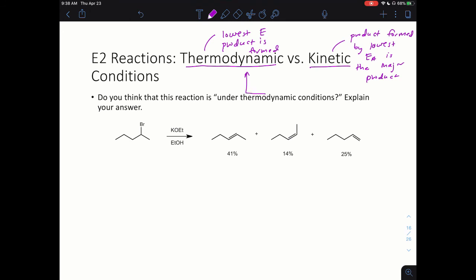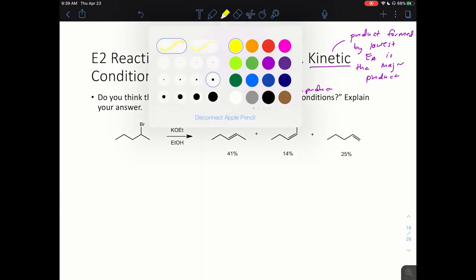So if we have two possible products, here they are, A and B. B is lower energy, so B is the thermodynamic product. But let's say that somehow A is formed by a lower activation barrier, right? So you can see A is formed by a lower activation barrier.